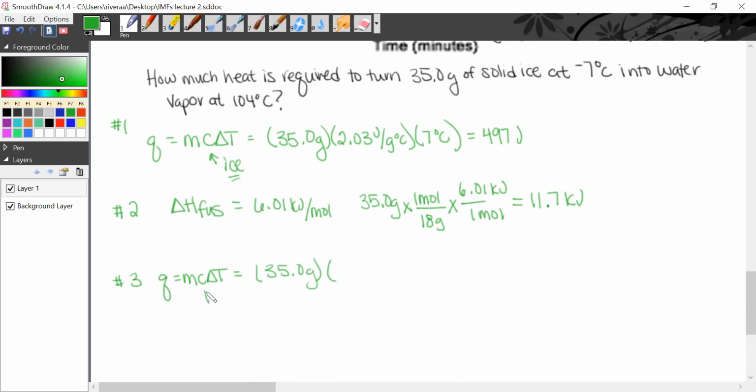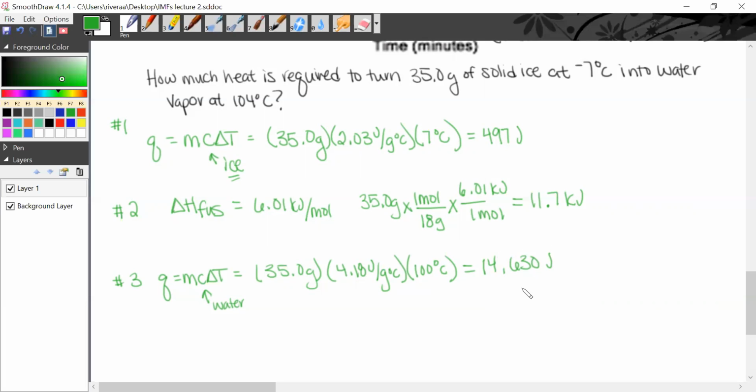Specific heat of water this time, 4.18. Change in temperature. This time we're going from 0 all the way to 100. So my change in temperature is 100 degrees Celsius. Watch your units, we're in joules.